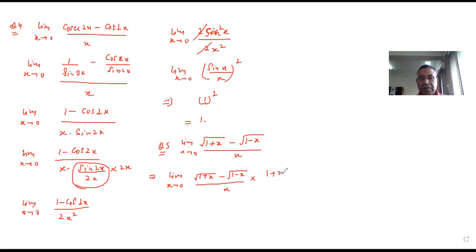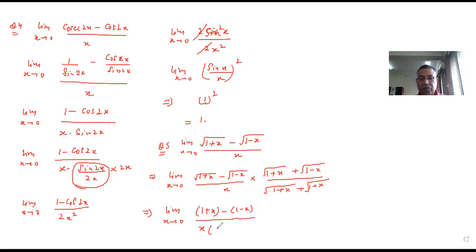Multiply by root (1 plus x) plus root (1 minus x) upon root (1 plus x) plus root (1 minus x), using a minus b, a plus b. This is (1 plus x minus 1 minus x) upon x times (root (1 plus x) plus root (1 minus x)).